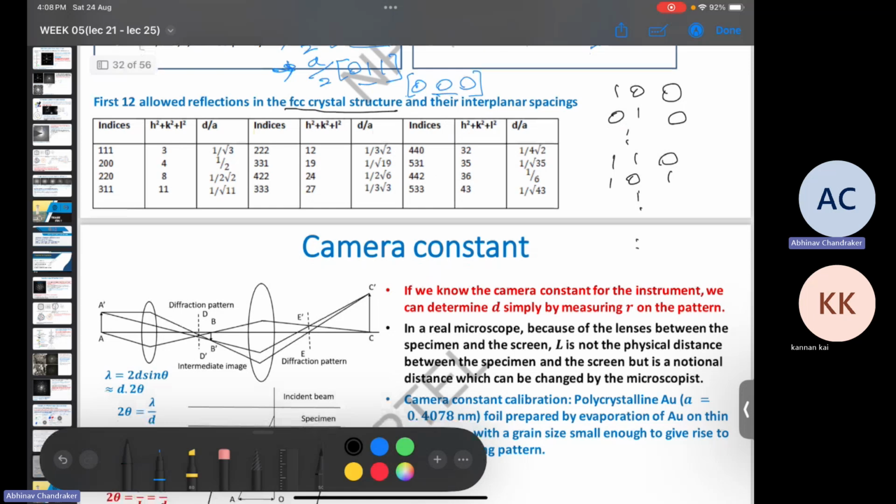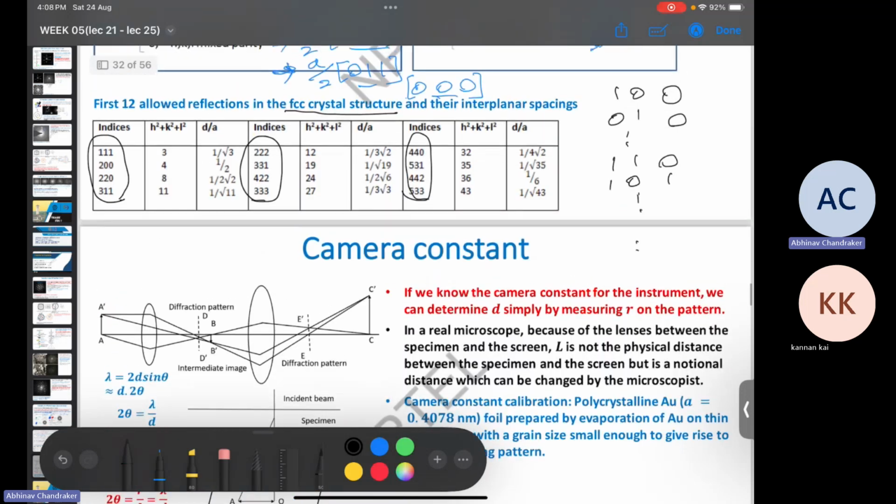Because of this, only these particular planes will be visible in your diffraction pattern for FCC.